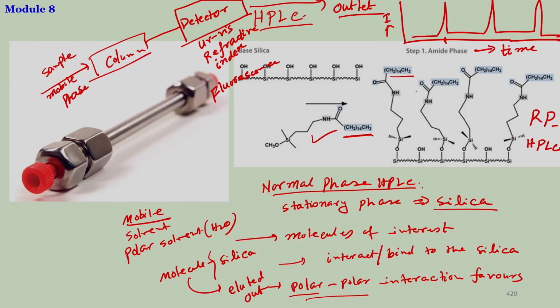Once they are conjugated with your stationary phase, your stationary phase is not polar like here, your stationary phase becomes non-polar. This was polar, this is non-polar. So, once you have now non-polar material, things become very different. And I have talked about the details of the reversed phase HPLC working principle in the last lecture.